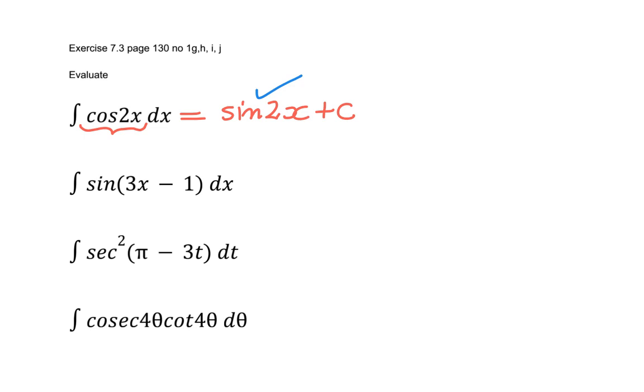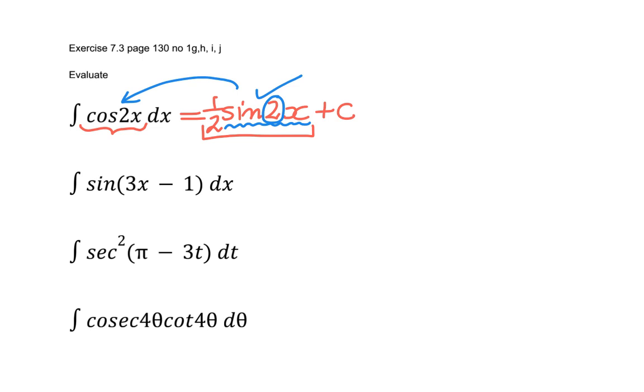Almost, because you remember that if you were to reverse the process and differentiate this function to get back to cos of 2x, you will have an inner derivative that stays, which means that we need to have 1 over 2 sine of 2x plus c in order for this entire function to give us a derivative of cos of 2x. Okay, hope it makes sense.